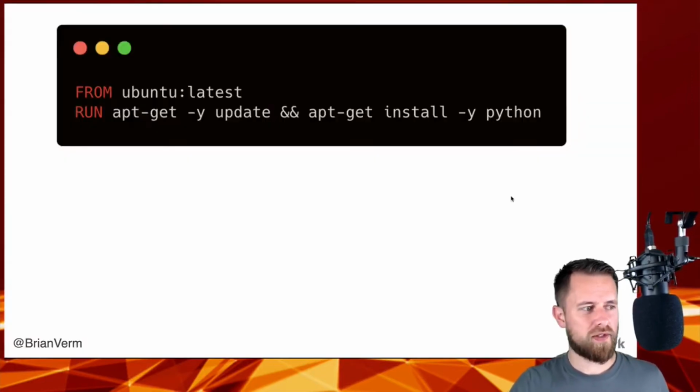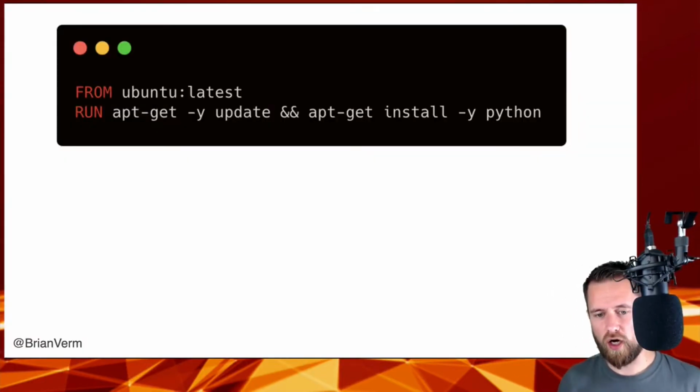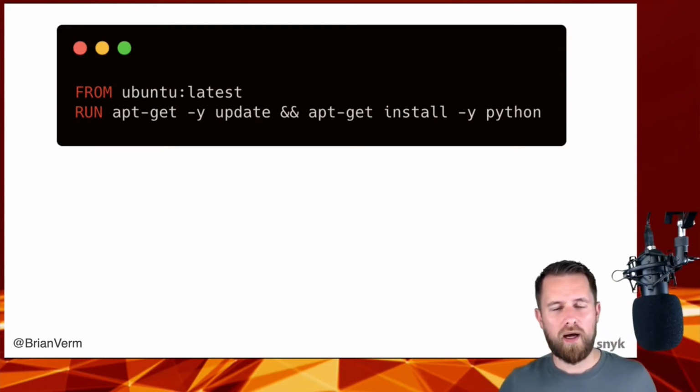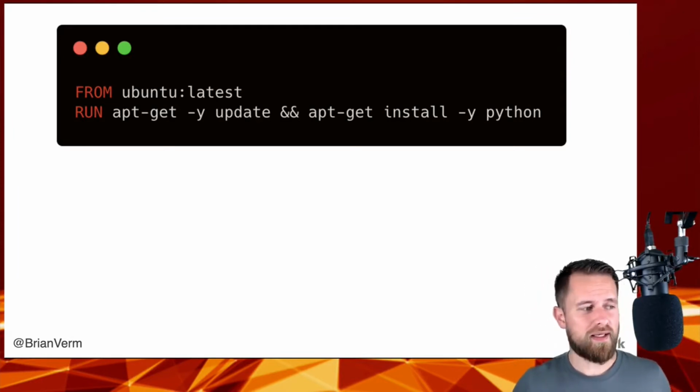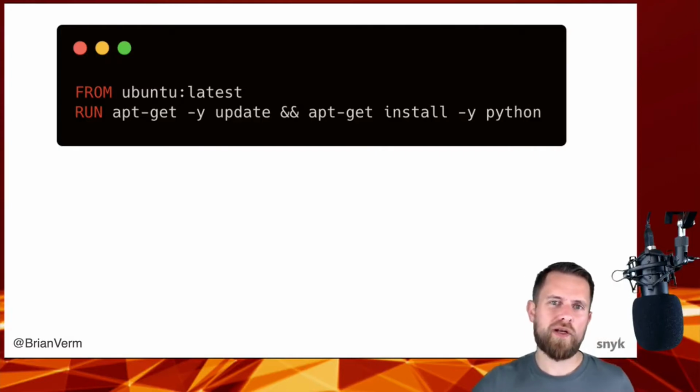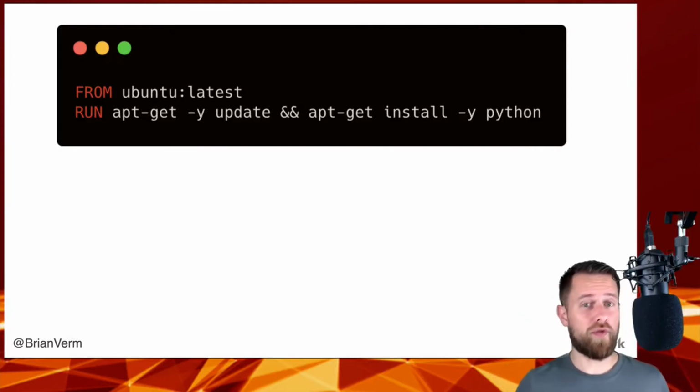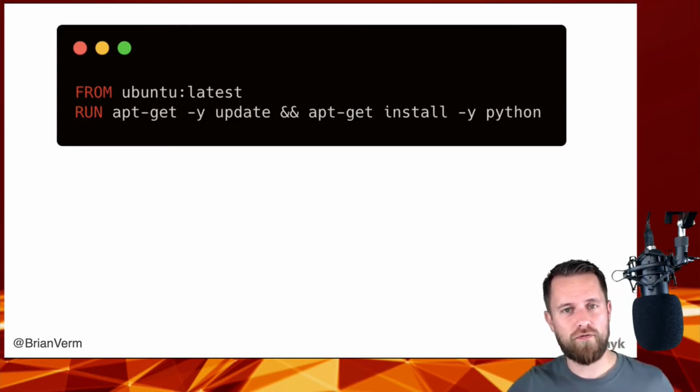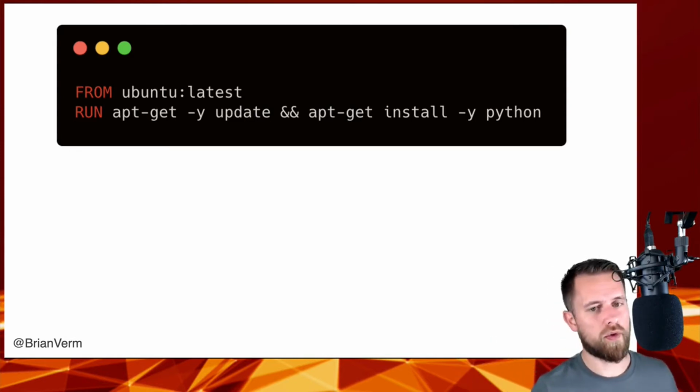Look at this Dockerfile. I'm using Ubuntu latest, and at this point I am including a binary from Python in it. If I run it today, it will definitely be different if I run it again 3 months from now or 3 months ago.